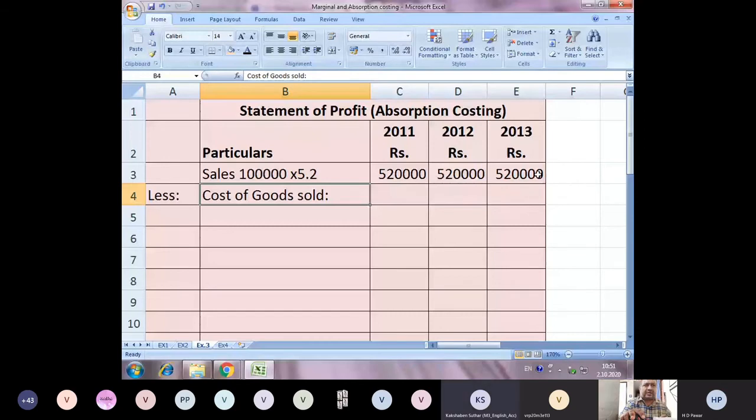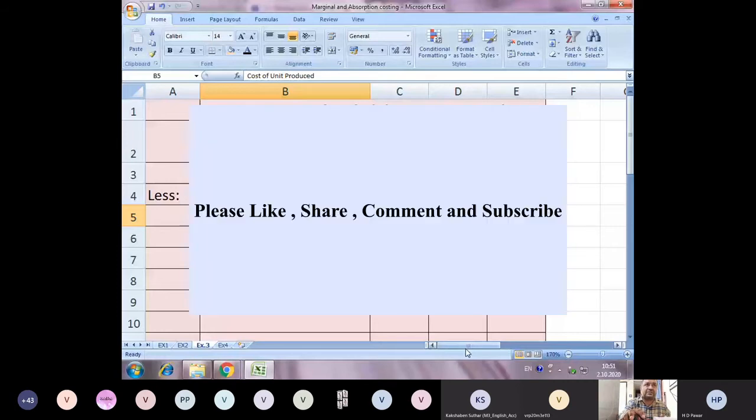So first is cost of production. How many units are produced? It is also given on page number 42. Production is 1,25,000, 80,000 and 1,70,000. These are the number of units. And cost per unit is 2.75, as we have discussed: 1.5 plus 1.25. That means 2.75. Now your production cost is like this.